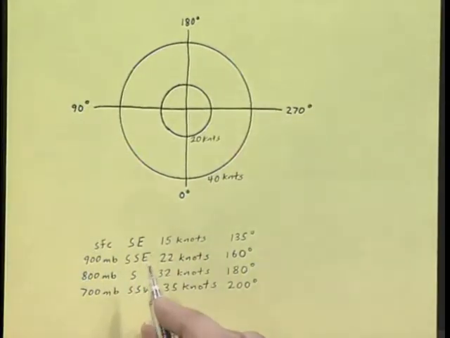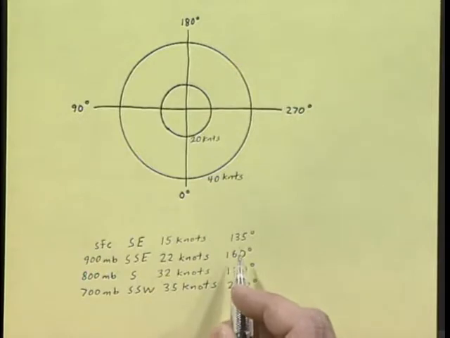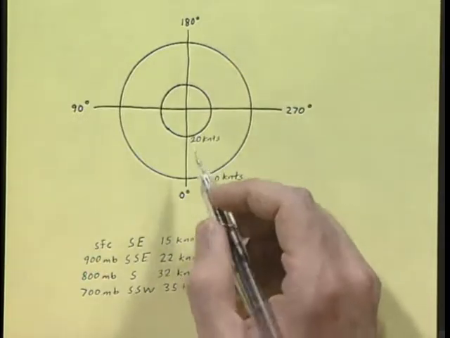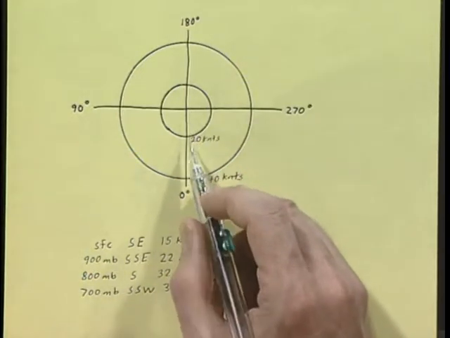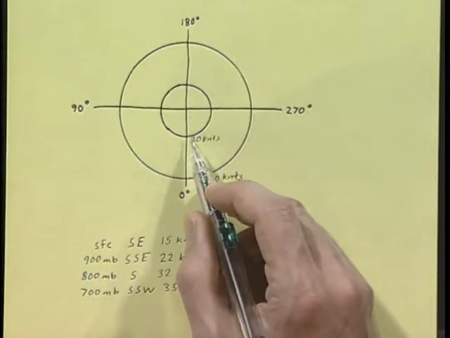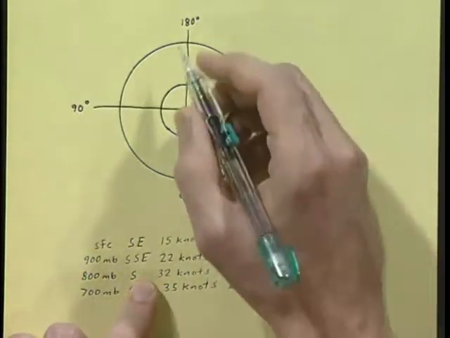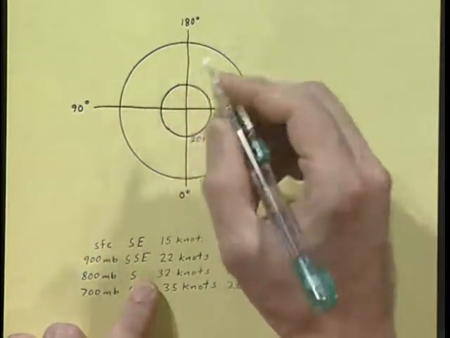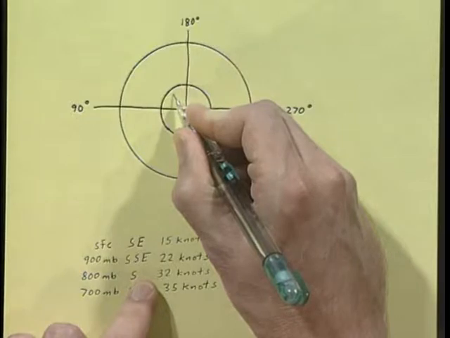So the first wind vector that we want to draw is the wind pointing toward 135 degrees at 15 knots. So 15 knots is going to be 75% of the way from the center to this first outer ring. And the wind is coming from the southeast or towards 135 degrees. So we're going to put a dot in about this position there.